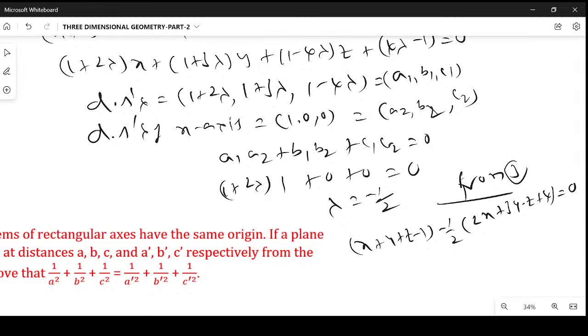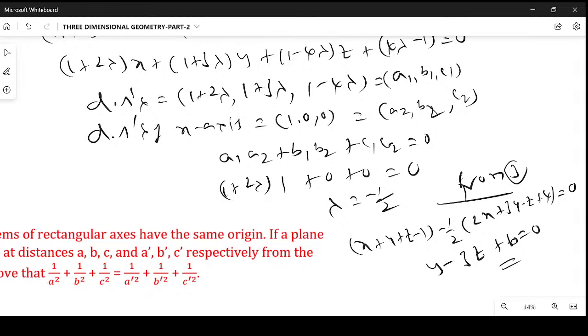Substitute in this and simplify. The 2x terms get cancelled. We get y minus 3z plus x equal to 0.